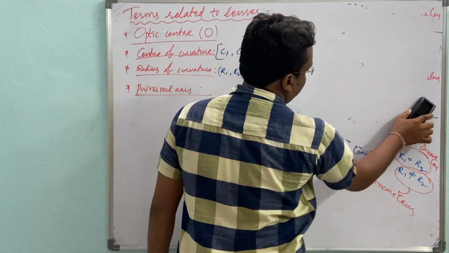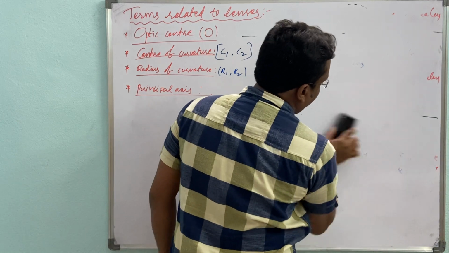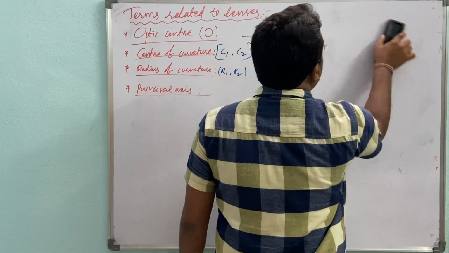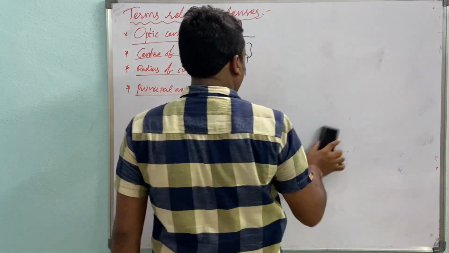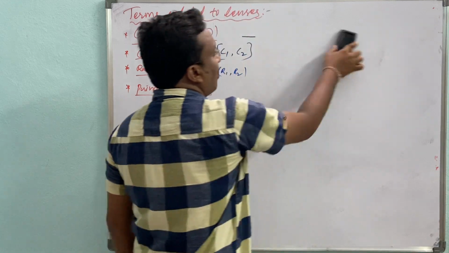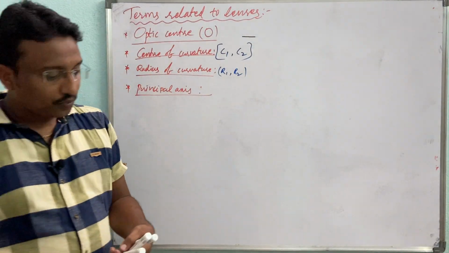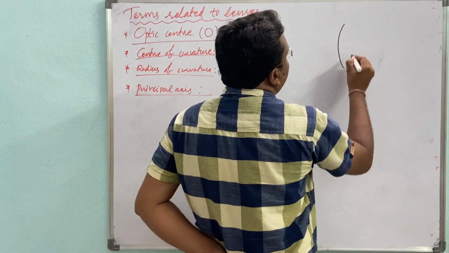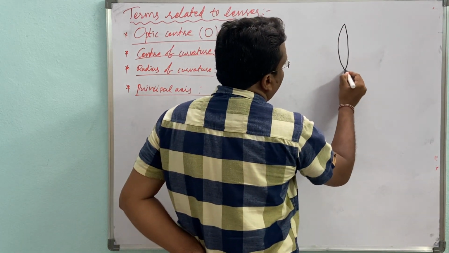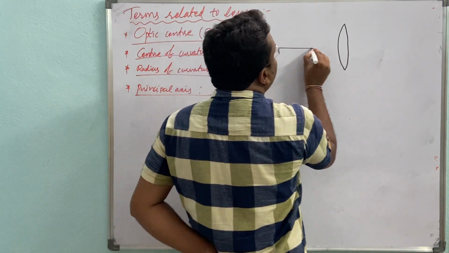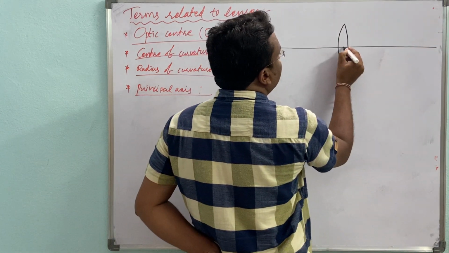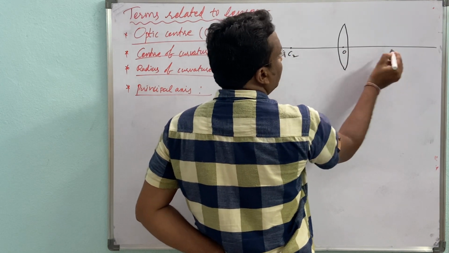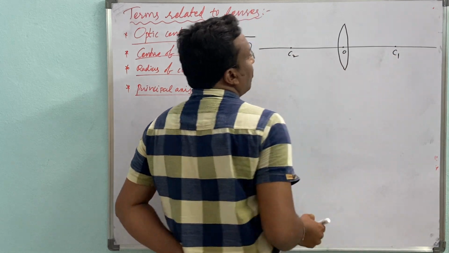See here, in case of convergent action of biconvex lens, we discussed that. Convex lens, then this is principal axis, optic center, center of curvatures, right?